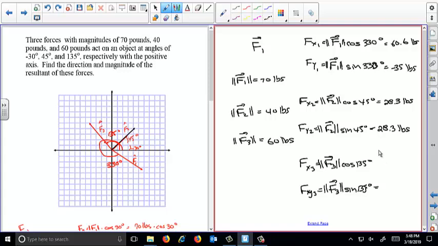And then you take 60 pounds times the cosine of 135, which is negative 42.4 pounds, and F sub y3, you take 60 times the sine of 135, which is positive 42.4 pounds. So those are the three components.